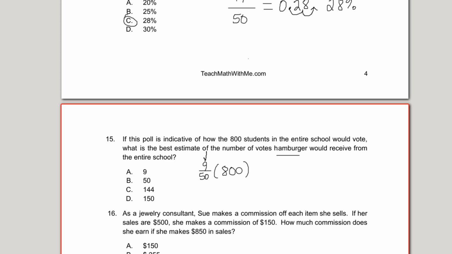So this was the percent that prefer hamburgers, and it's saying that percent is going to apply to all 800 students. So how many would have voted for hamburger in the total school? When you plug that into your calculator, you will get 144, which is answer choice C. 144 students are expected to prefer hamburgers.